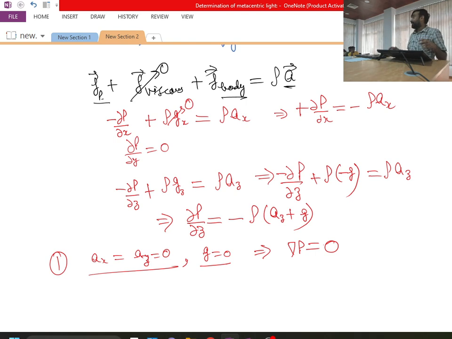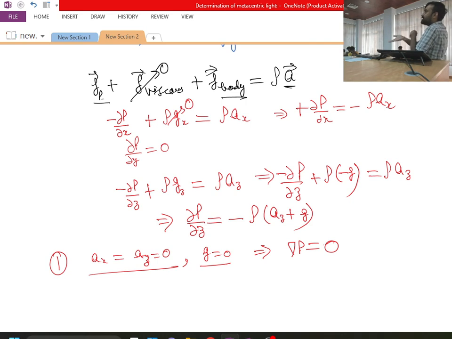However, if for this situation you measure the pressure, you have a liquid element which satisfies all these conditions. If you measure the pressure, still there will be slightly higher pressure than the atmospheric pressure. Why? Because of the surface tension. Surface tension is holding that liquid element, so inside pressure will be slightly higher than the outside pressure.